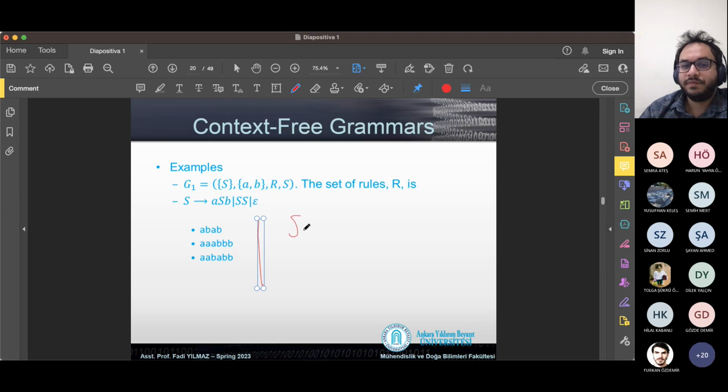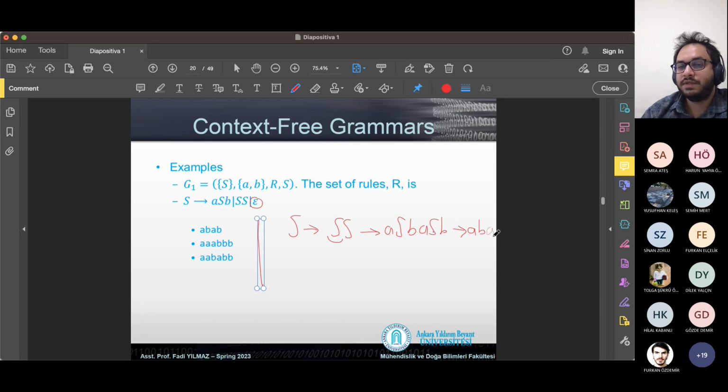So we start with the S, right? I think first we have to follow the SS. I'm trying to just generate this AB, right? From the first S, I got the first rule. From the second S, I also generate the first rule. Okay, guys. Then from this S, I follow the last rule, epsilon, so it can be canceled out basically.